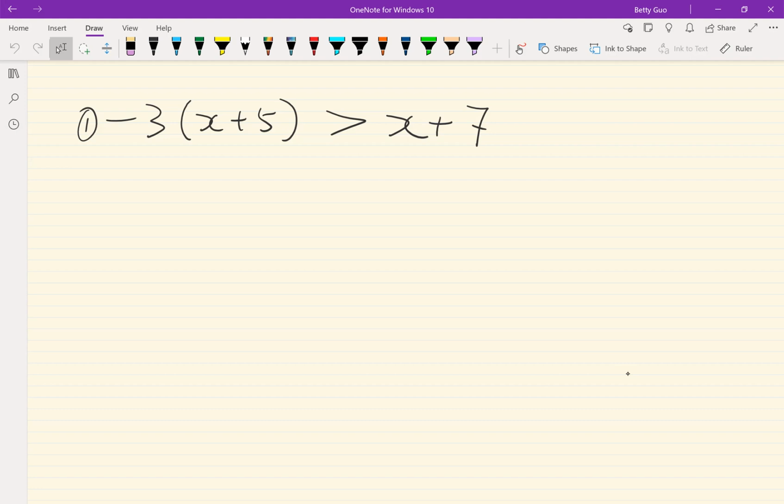Please work on this first on your own. Start by simplifying the left-hand side and right-hand side. The left-hand side has parentheses, right?